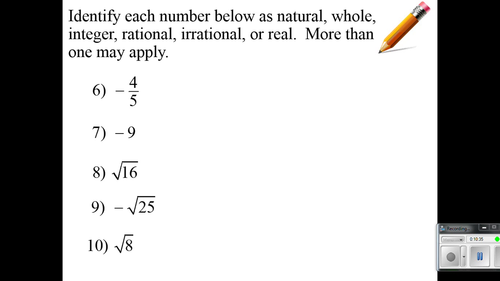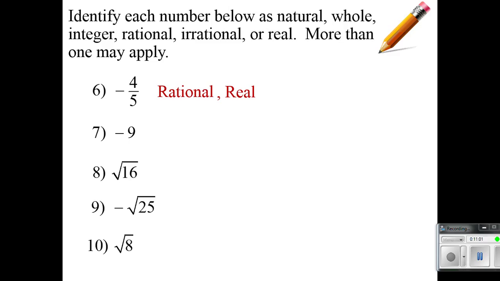Well, it's a fraction, so it has to be a rational number, and it's real because everything that we're going to talk about right now is real, but later on in the chapter or later on in the year, we're going to talk about imaginary numbers, and then they're not real anymore. They're called imaginary. So this one's rational and real.